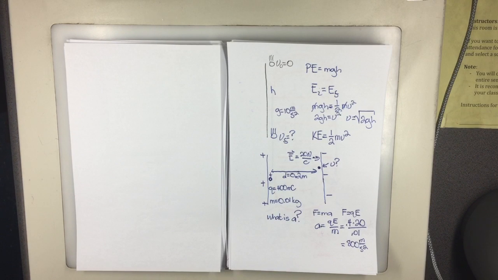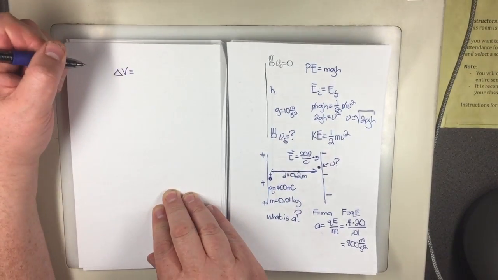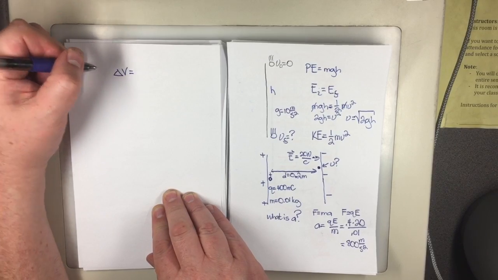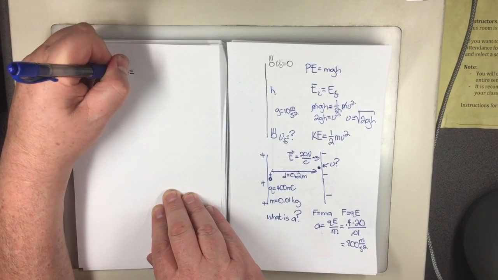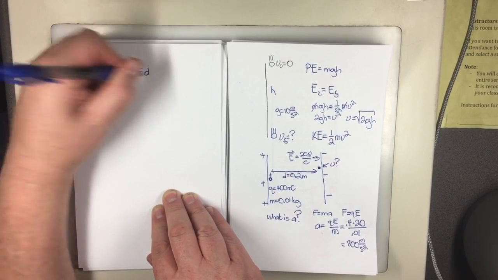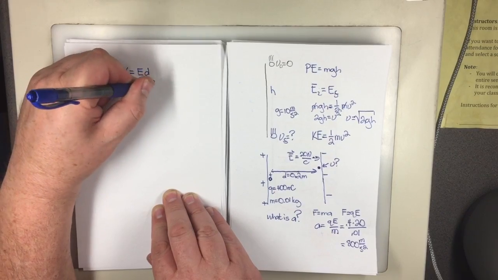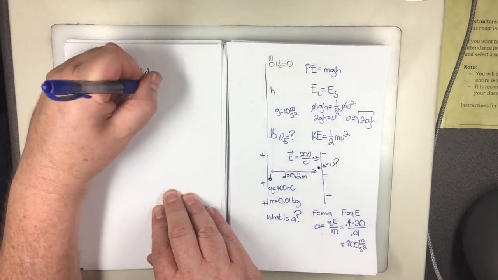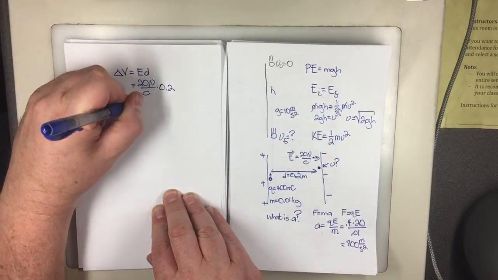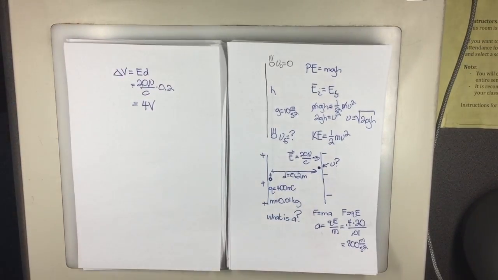Well, I have an electric field and I have a distance, so I can calculate the potential difference between the two plates, and that will give me delta V is equal to ED. So E is 20 newtons per coulomb, distance is 0.2, and I get 4 volts.